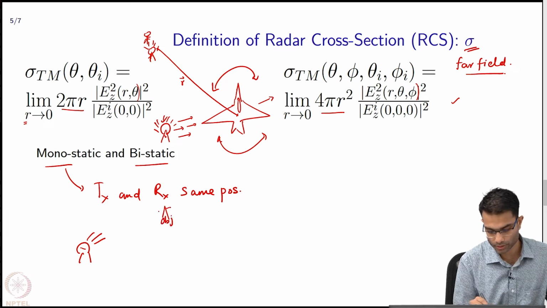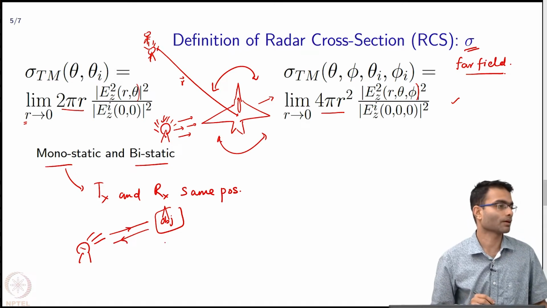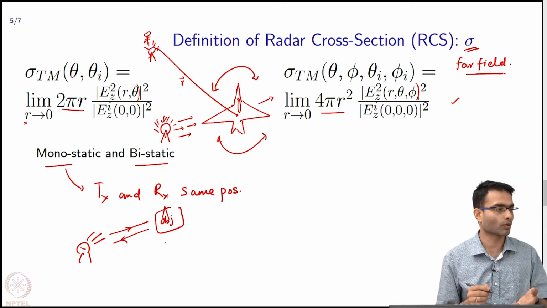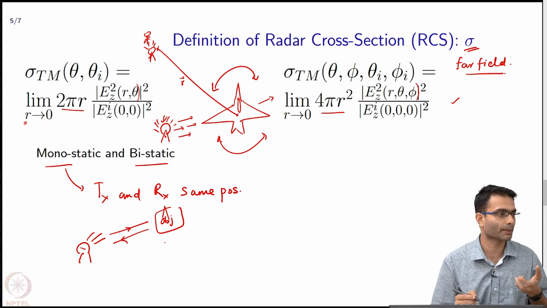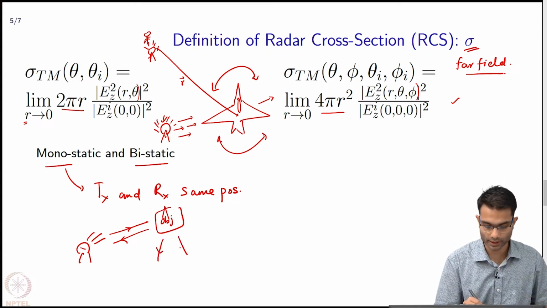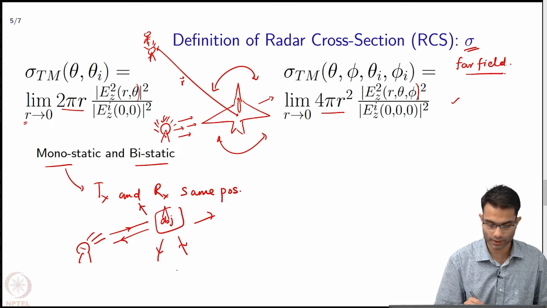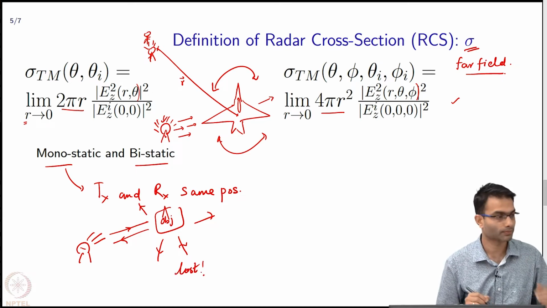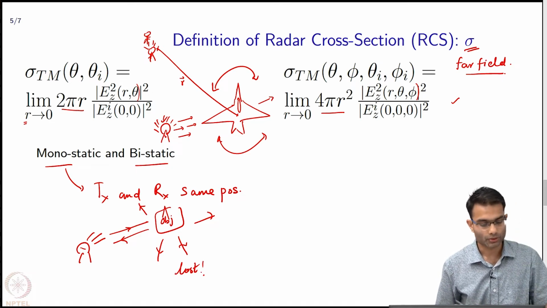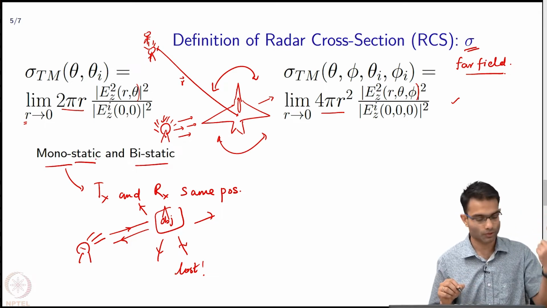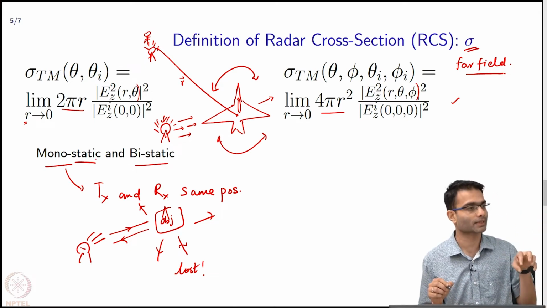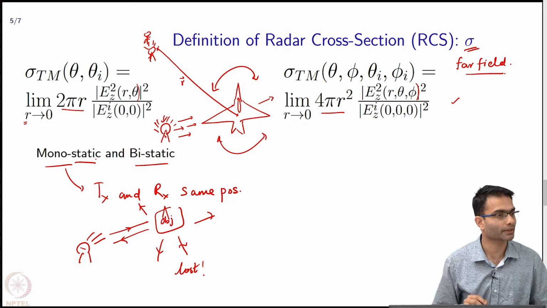Let's just call it the object. The receiver, because it's standing at that position, only collects what is coming back to it. Everything else that is going elsewhere is lost. This is called monostatic. Mono means just one, so one transmitter and receiver at the same location. This is a monostatic radar.